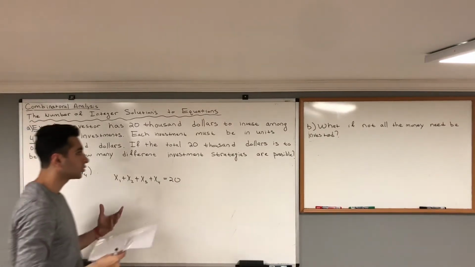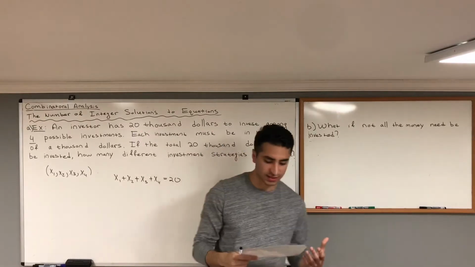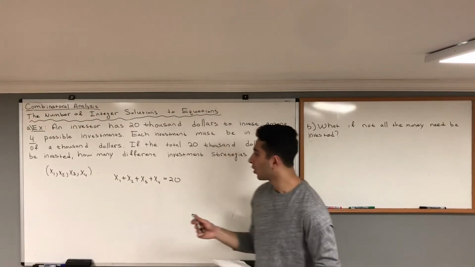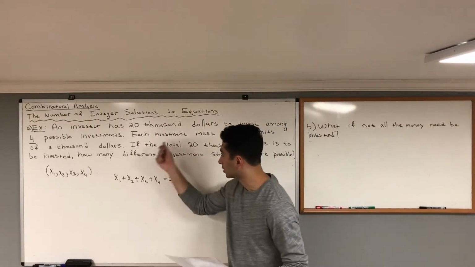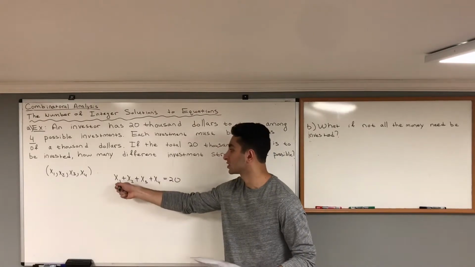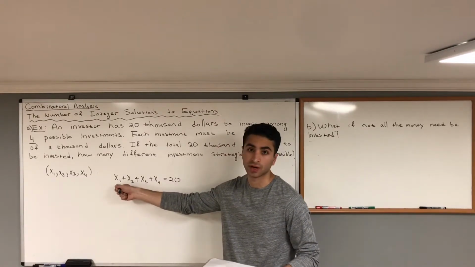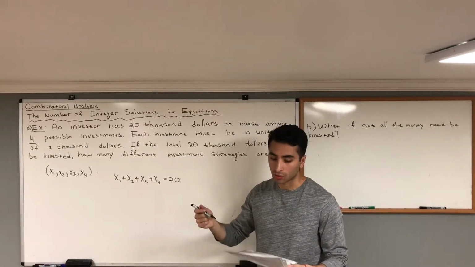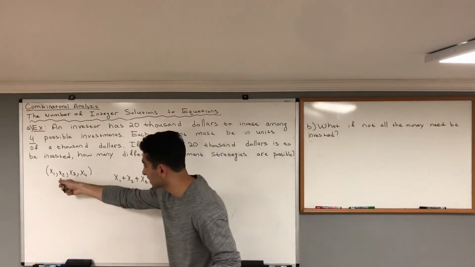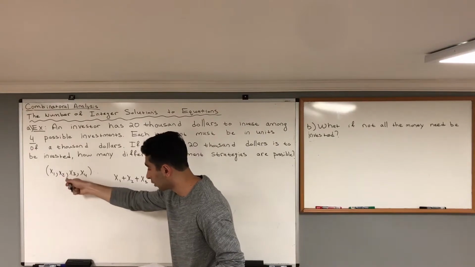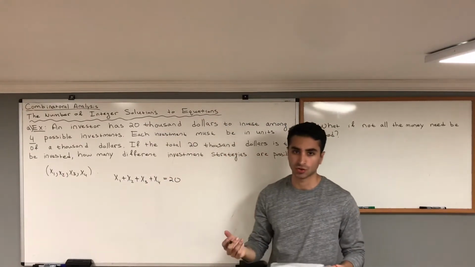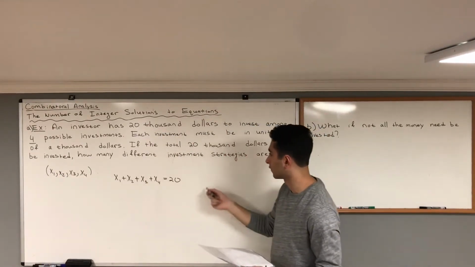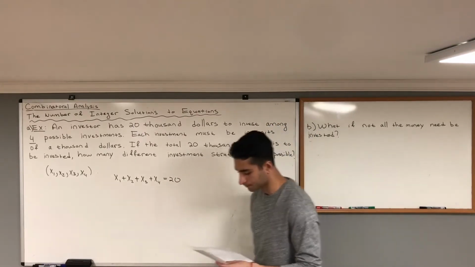Now, why do we use proposition 2 instead of proposition 1? Because in the real world, he could put $0 into investment 1 if he chooses to. That's allowable. So, because the list can contain the number 0, we have to use proposition 2 to count the number of total investment strategies here.